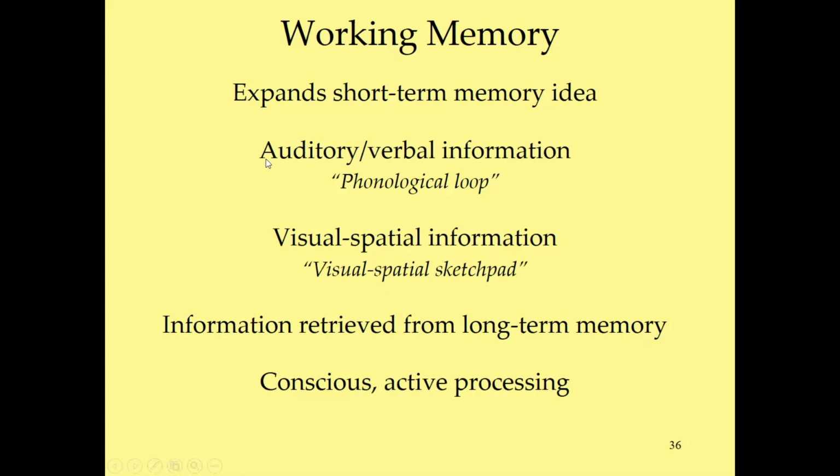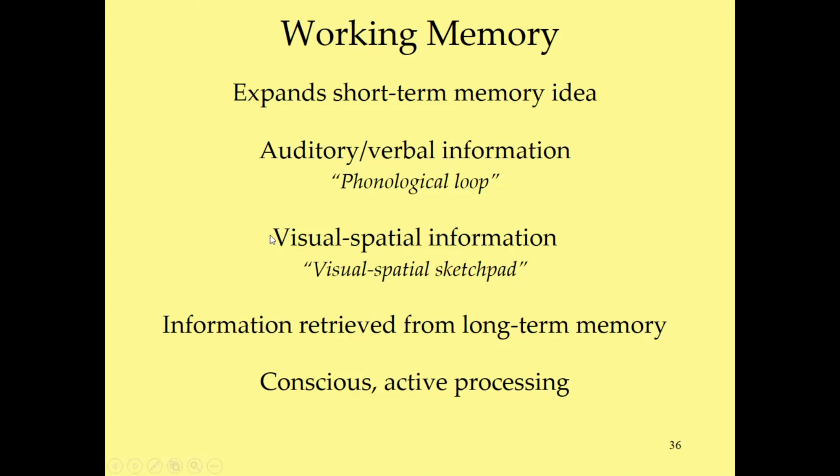Okay. Now, what kinds of things can we have in working memory? We can have auditory or verbal information. For example, we might be looping the numbers of a phone number, phonological loop as they call it, where we keep repeating that phrase over and over to ourselves, and we can hold it there in working memory. Or we can do the same with visual spatial information.